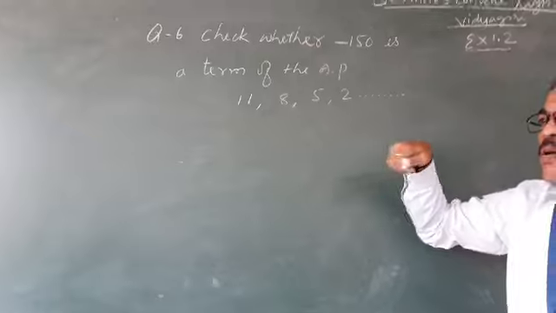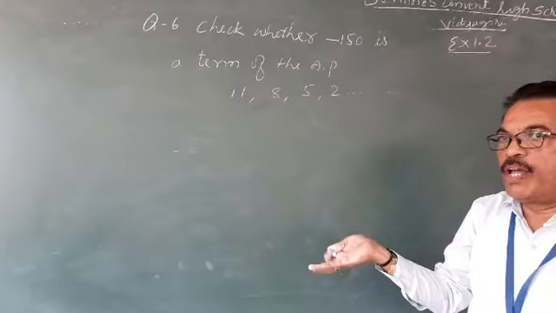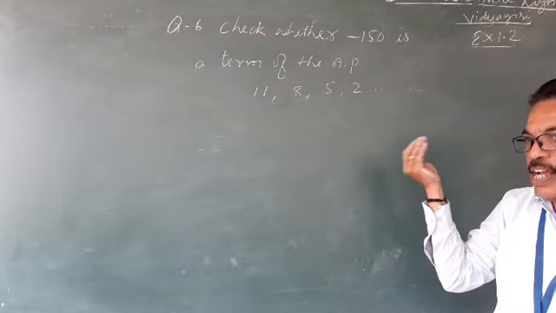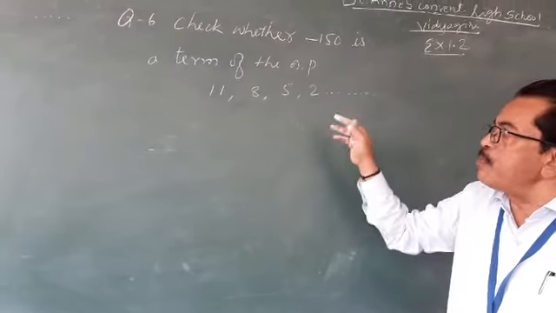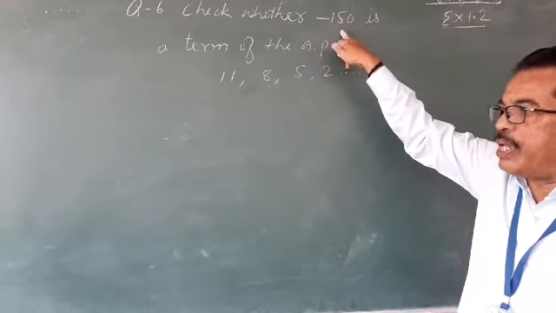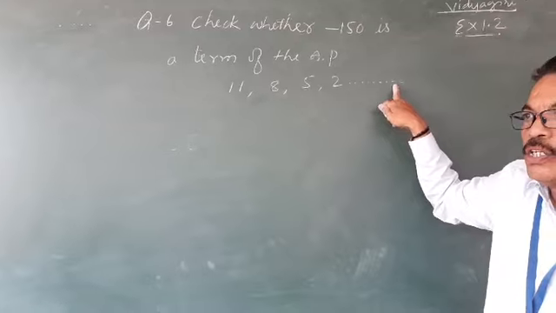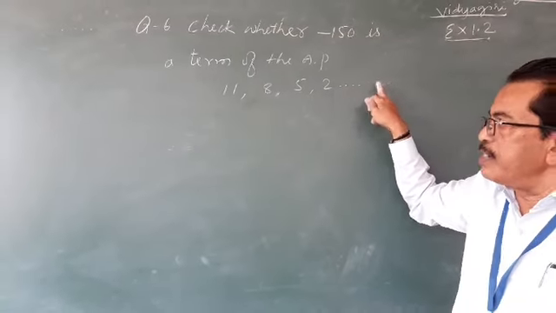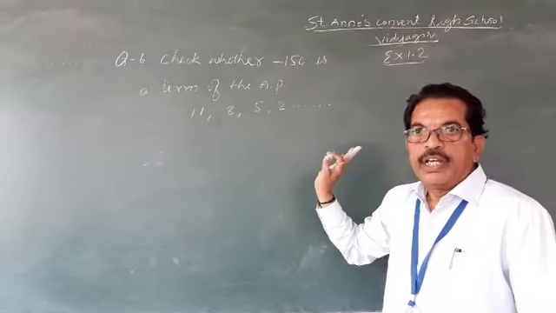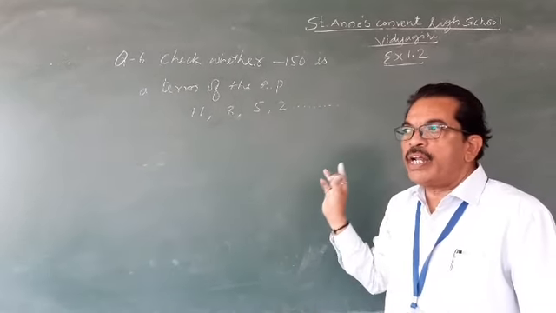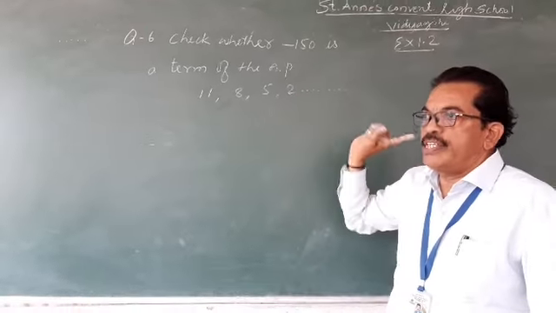If the number of terms obtained is in decimal or fractional form, or in negative form, then minus 150 will not be in the continuation of this given AP. So see once again what we have to do, we have to check the number of terms. If the number of terms is a whole number, then definitely minus 150 will be a term of this AP.